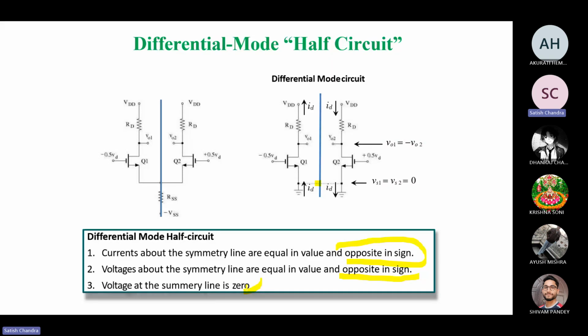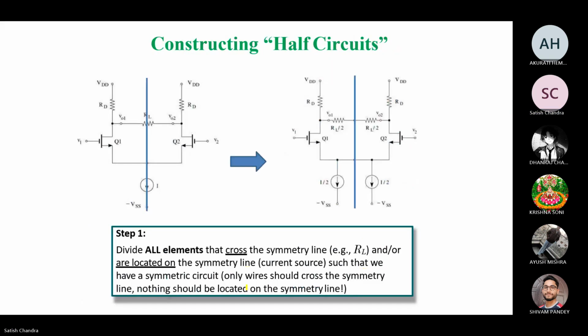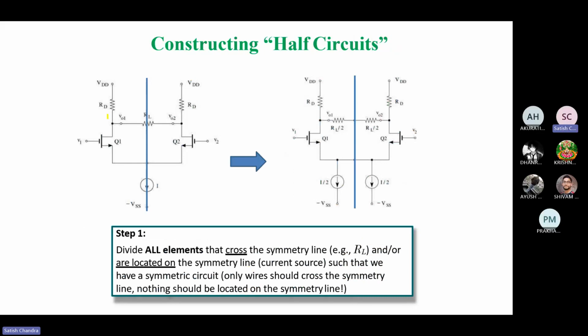Now, constructing a half circuit, we can further do it like this. If we have a circuit like this, when we replace the resistance below with a current source, then we can do it like this.